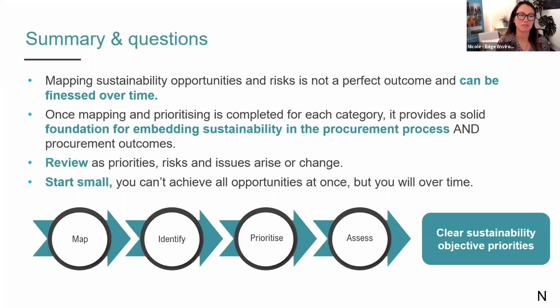This is something that can be finessed over time, but once you do get it, it just makes procurement so much easier once we understand what the key objectives are for each type of spend category. So it really is setting up that foundation for embedding sustainability into the procurement process, being clear about those objectives up front and making sure that everybody is clear on them, so that suppliers and anyone doing procurement within council.